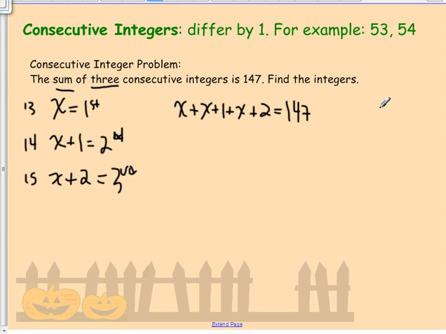All right, now this is a problem we can easily solve. So we have x plus x plus x is 3x. And then 1 plus 2 is 3, equals 147. All right, minus 3 from both sides.